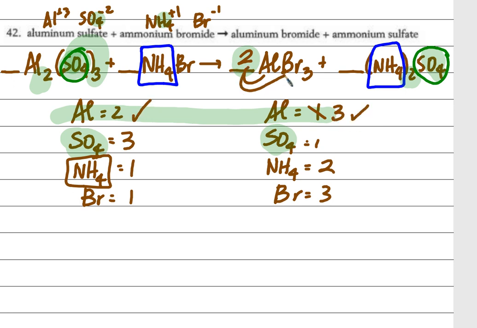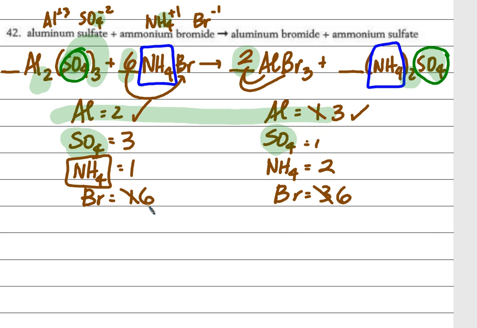But what does that do to the bromide? Brings that up to 6. But I'm not going to panic because I know that I can put a coefficient here. And that coefficient would be a 6 because that would cause the bromides to go up to 6.